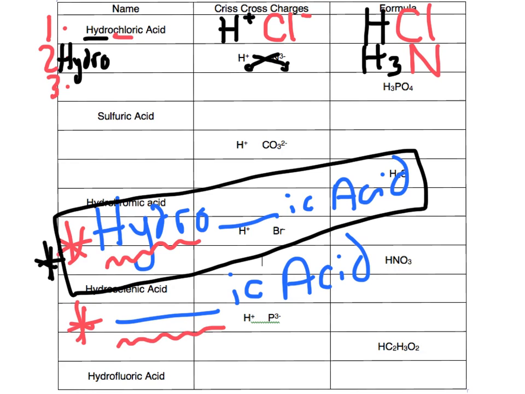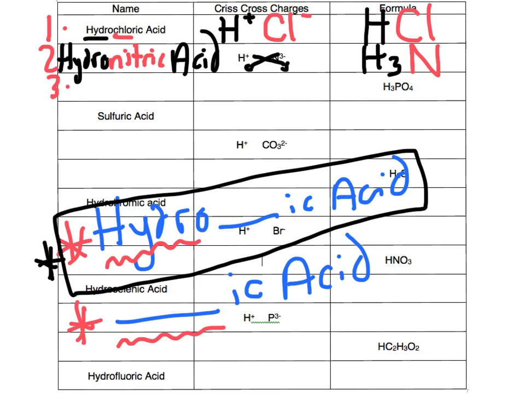So for nitrogen, I'm going to drop the ogen. So I get hydronitric acid. And that's the way I would write that down, hydronitric acid. Why hydro? Because N is a very simple anion. It's not one that I needed to memorize, okay, from my polyatomic ion list.